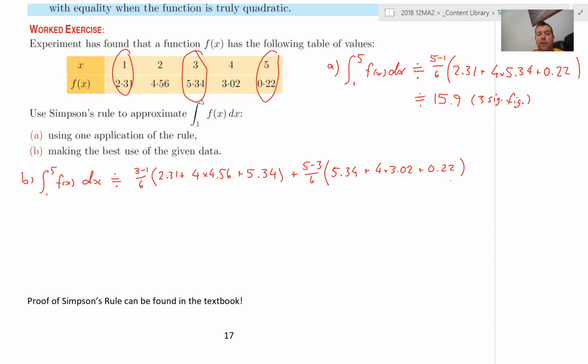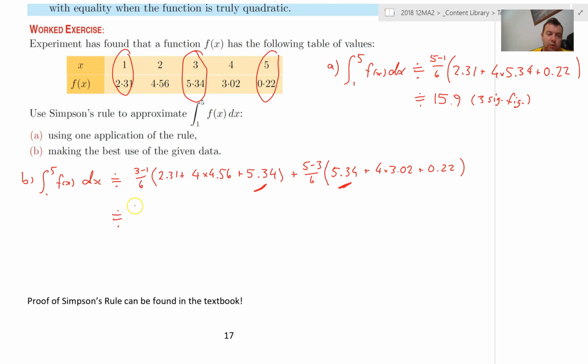Now, there's a bit to work out here, but we can simplify this down and I get 1/3 of this. Now, 1/3 outside of, we've got 2.31, which only appears once. 4.56, I've got 4 of them here, nowhere else. Now the 5.34 appears in this calculation and in this calculation here. So we could rewrite this.